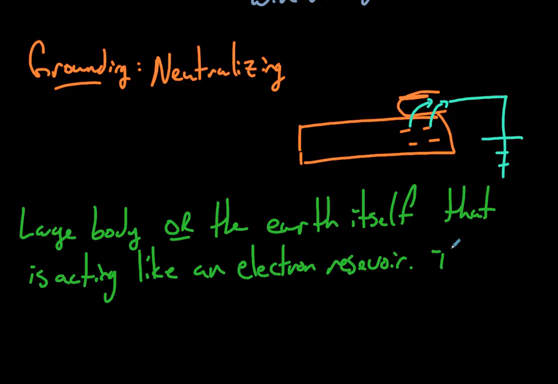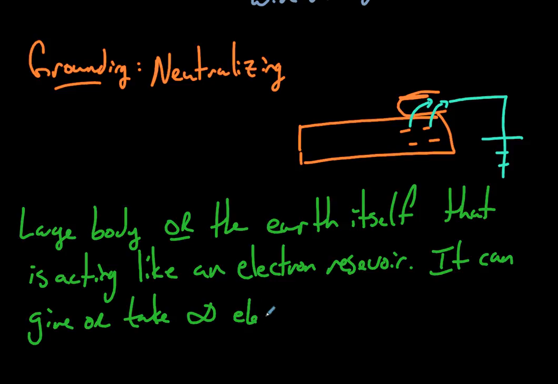It can give or take infinite electrons. We know it's not really infinite, but it's just such a large number, it might as well be infinite. Okay, and the symbol we use to say something is hooked up to the ground is this upside down antenna symbol.